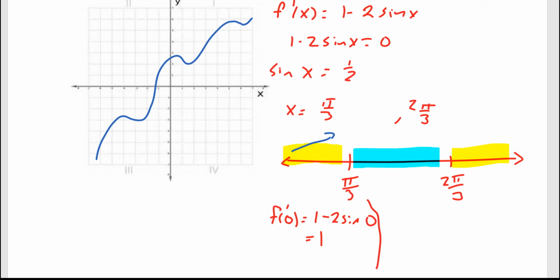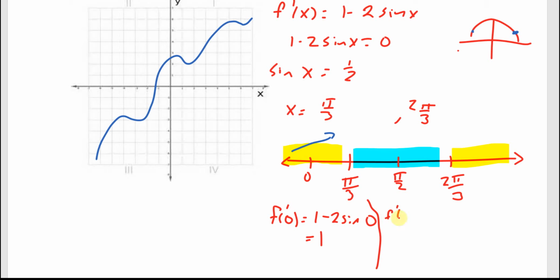Now when I look in the next interval, I need to pick something between pi over 3 and 2 pi over 3. So you know what? I'm going to test pi over 2. And I tested 0 over here, just to label them, okay? Now, the reason I picked pi over 2 is if you think about that unit circle, the points that we're interested in are right here and here. And pi over 2 is just straight up. That's an easy one to deal with.